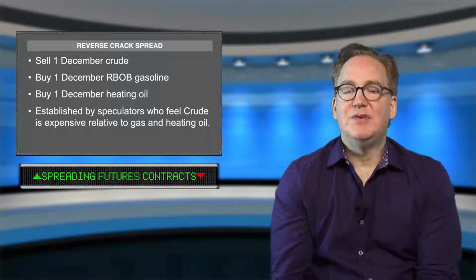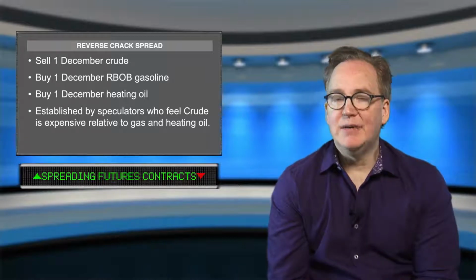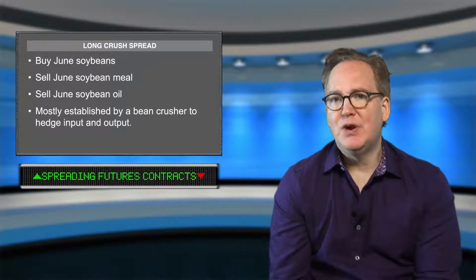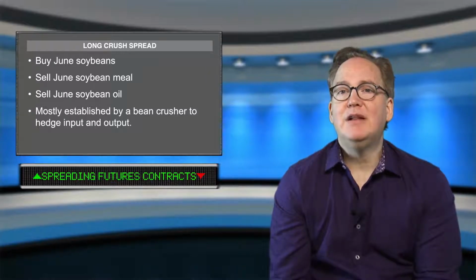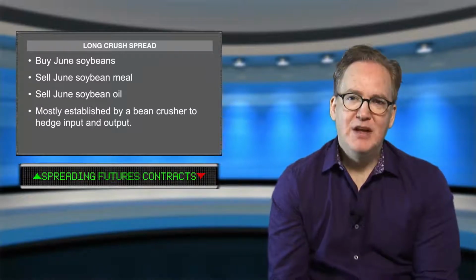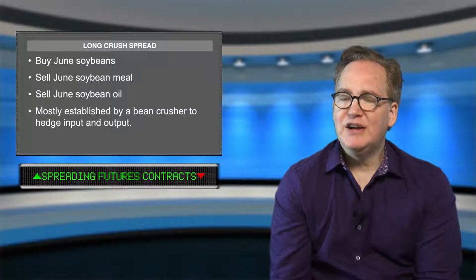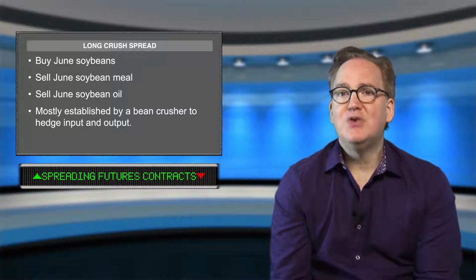Another type of spread that you would be faced with on your exam is known as the crush spread. This consists of soybeans, soybean meal, and soybean oil. Soybean meal and oil are the refined products, or the output, from soybeans.